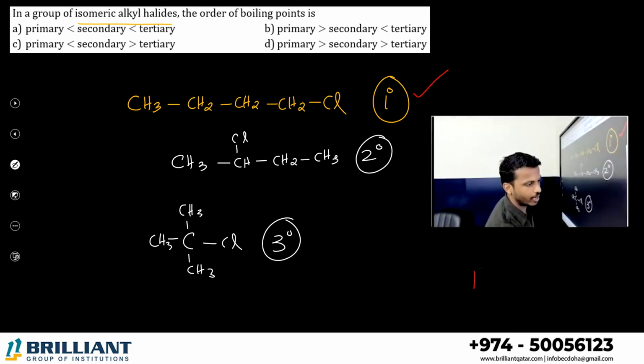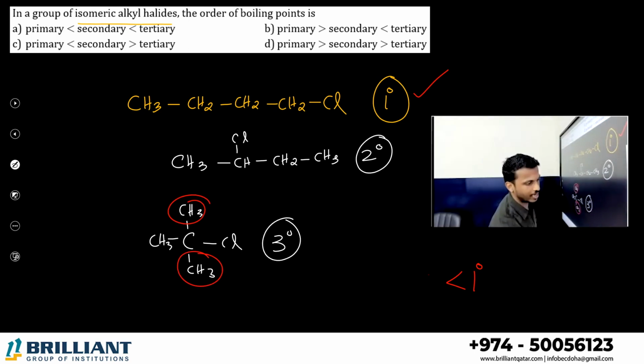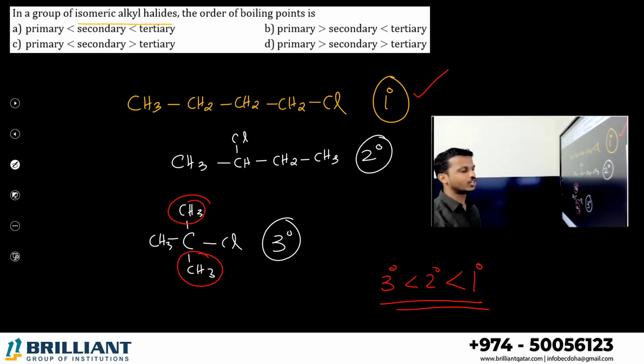Secondary contains branches, but the tertiary contains so many branches. So the order is primary greater than secondary greater than tertiary. Option D. Correct.